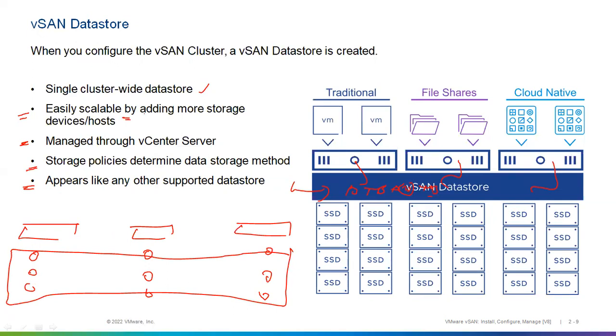You will create it from the vCenter Server console, and that will be presented as a vSAN data store. What can you put in the data store? You can put your VMs, your images, templates, use it for Kubernetes containers, any kind of cloud native app. You can use it in multiple ways.